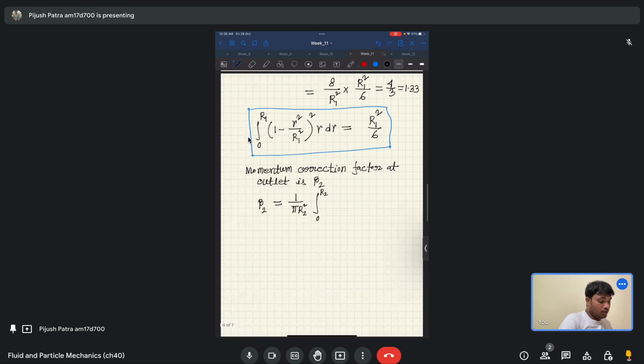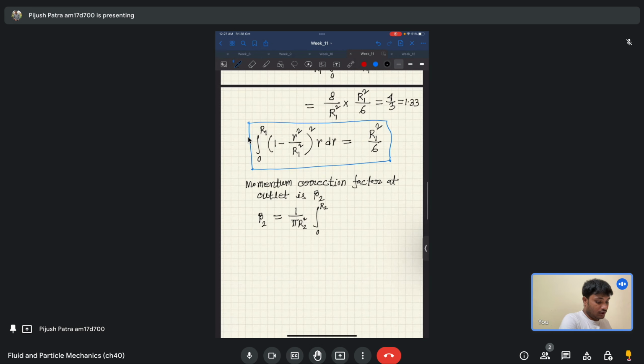Let's assume that the v maximum at section 2 is some constant c times v average at section 2, where c is definitely some positive constant.